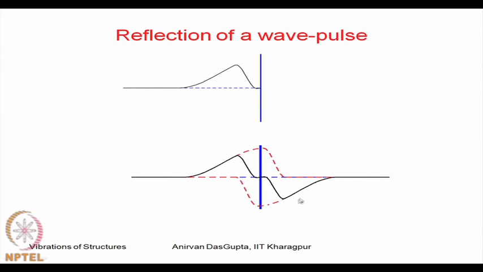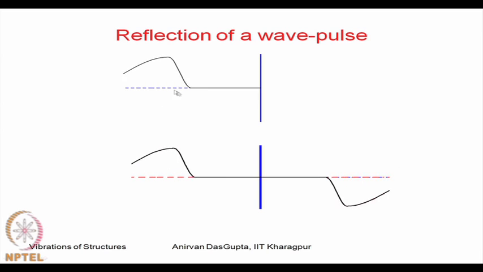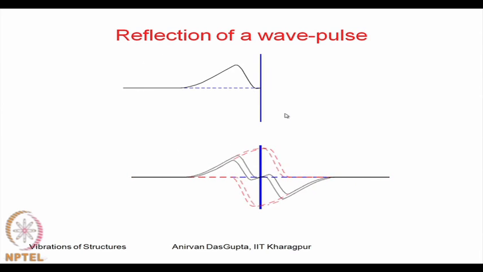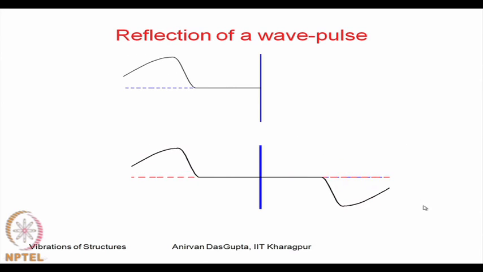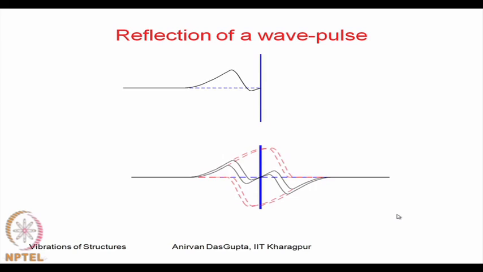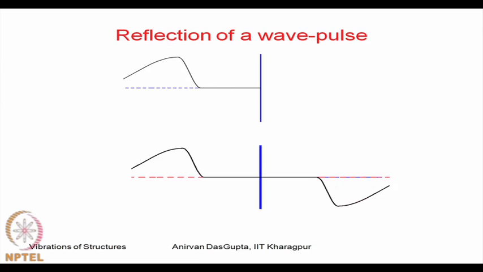Here I have shown this superposition of the two waves which is giving the same solution. The second figure below shows this superposition of the two waves coming from two directions.